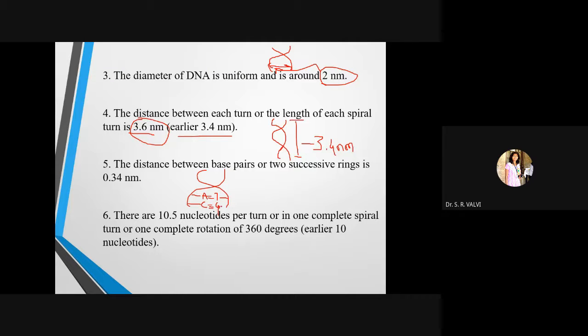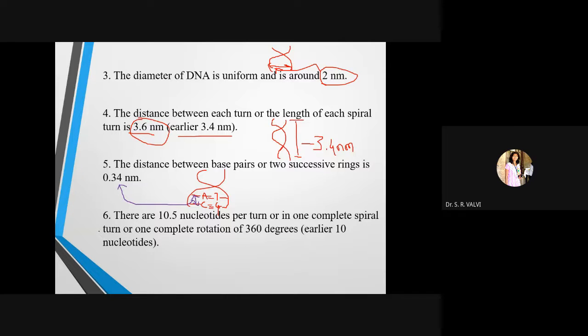Let me change the color. So this is the distance between two base pairs. How much? 0.34 nanometer.